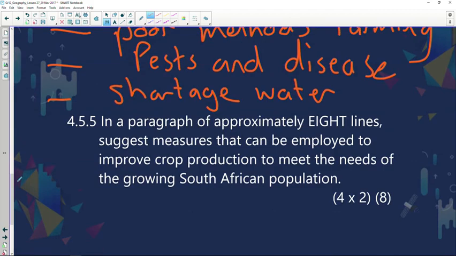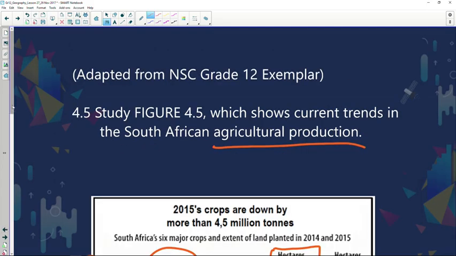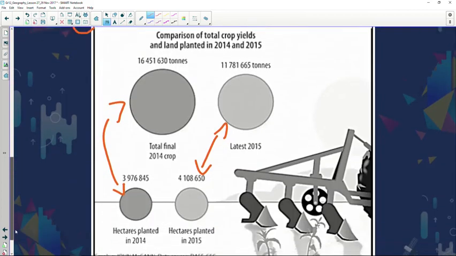Now, if you look at question 4.5.5, in a paragraph of approximately 8 lines, suggest measures that can be employed to improve the crop production to meet the needs of the growing South African population. Now, what we need to do at the end of the day is improve what's being delivered.